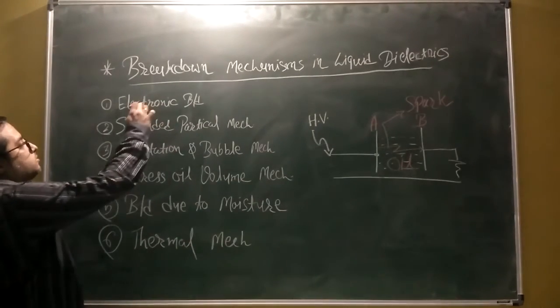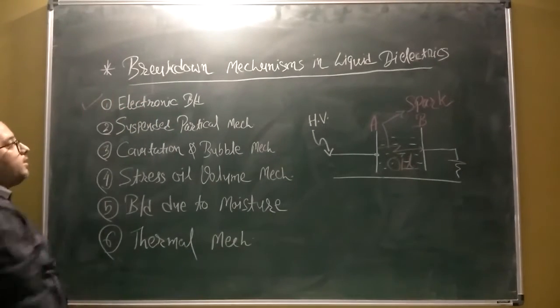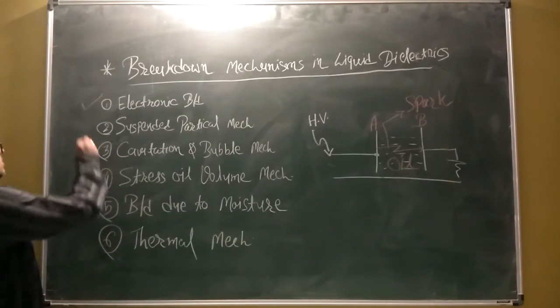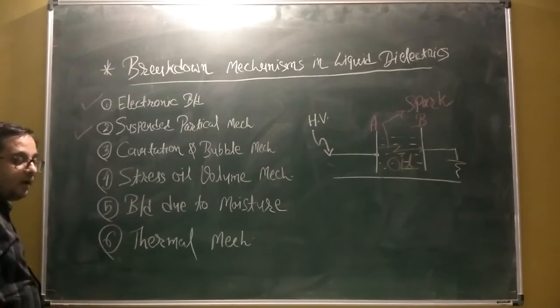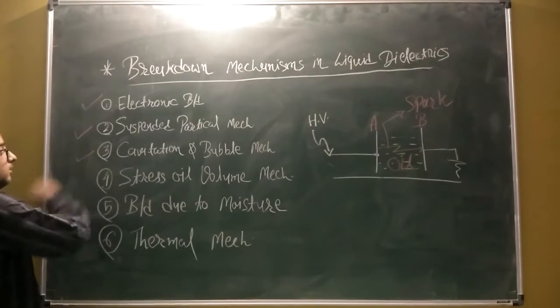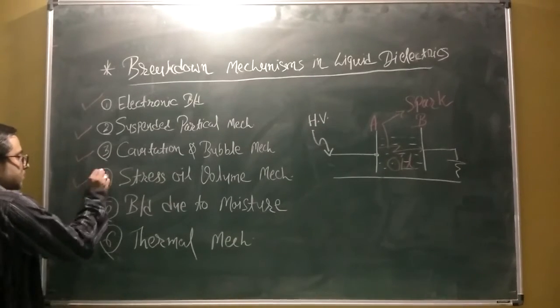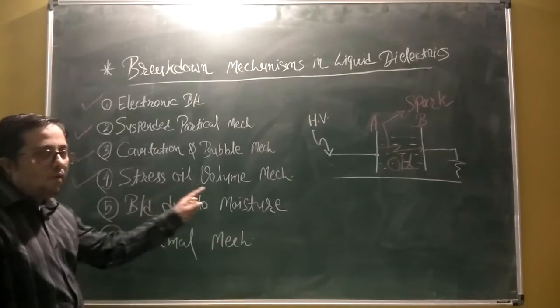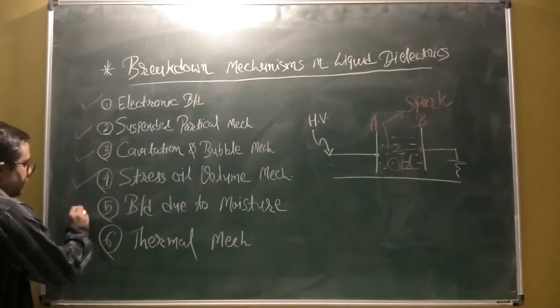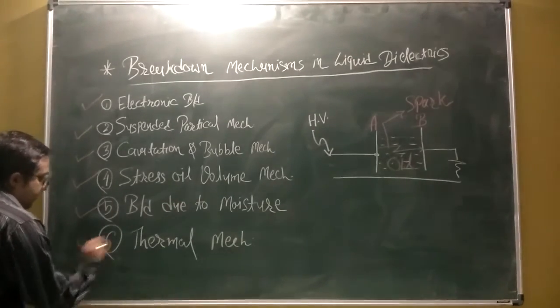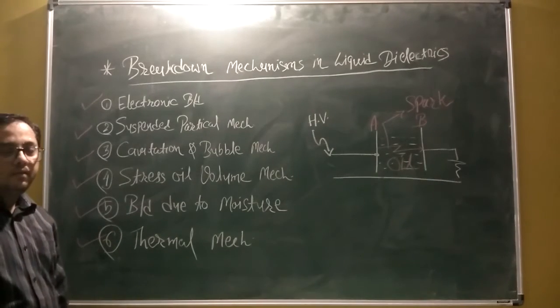One is the electronic breakdown mechanism, which we can usually see in dielectric materials. Second is the suspended particle mechanism. Third is the cavitation and bubble mechanism. Fourth is the stressed oil volume mechanism, breakdown due to the moisture content, and the thermal mechanism.